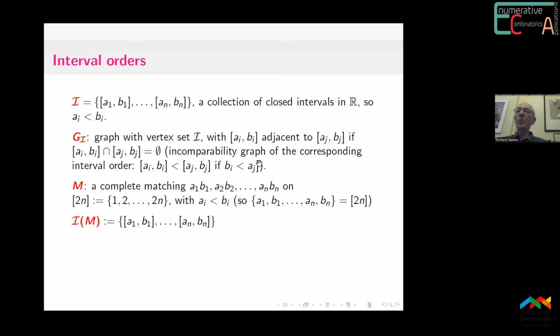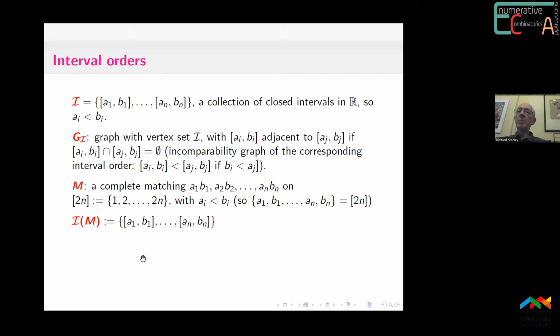This is the incomparability graph of the interval order, the partial order associated with the intervals by defining [a_i, b_i] to be less than [a_j, b_j] if b_i is less than a_j. That is, if the interval [a_j, b_j] lies completely to the right of [a_i, b_i].